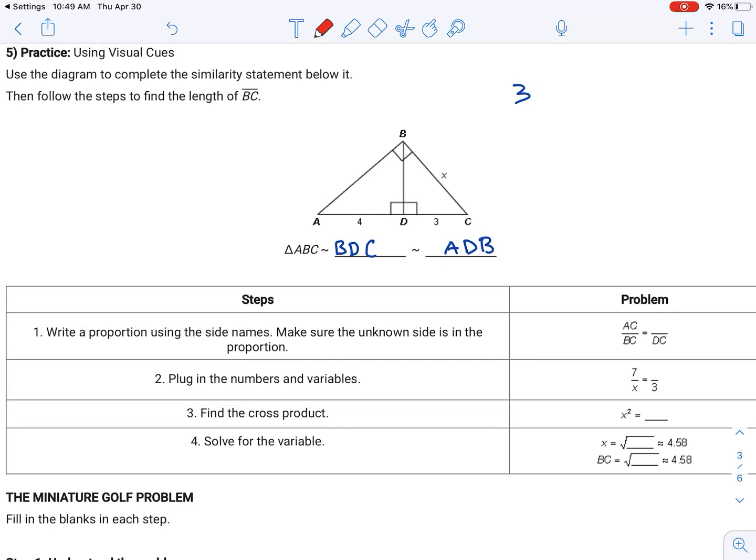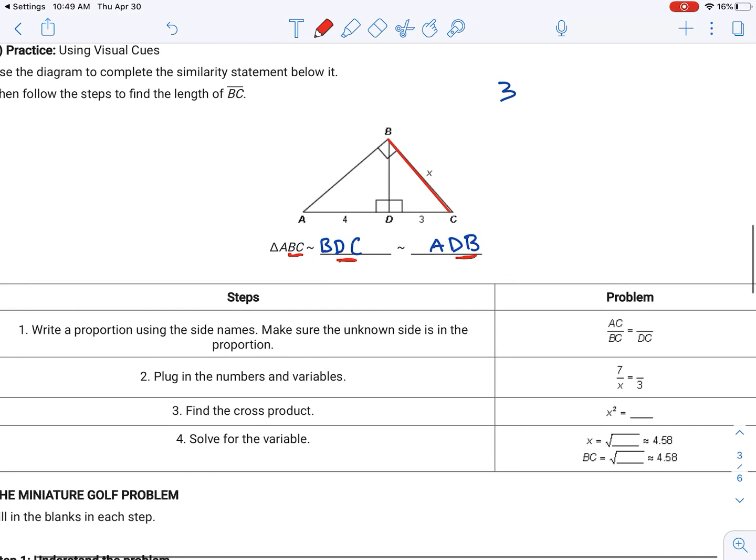Looking at the biggest triangle, the whole big thing, I see that BC is the shortest leg of the whole big triangle. So that means DC better be a short leg, and DB better be a short leg.